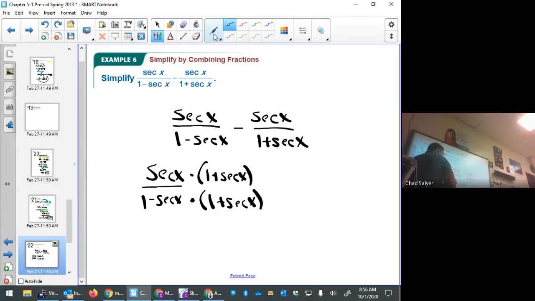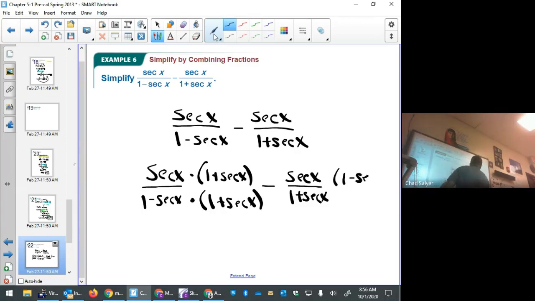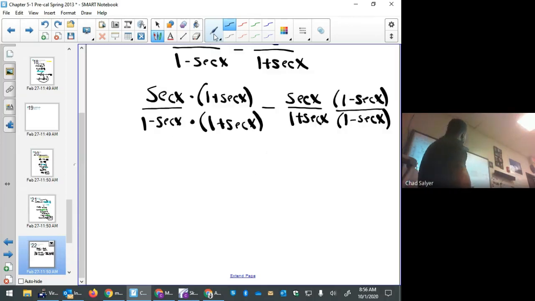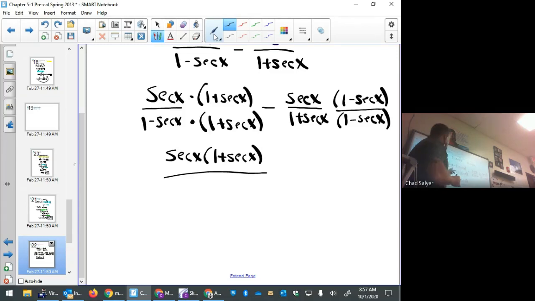So if I multiply the left, top and bottom, by the denominator on the right, and then I multiply the right, top and bottom, by the denominator on the left, the result is going to be hopefully something I can simplify. So I've got secant x times 1 plus secant x over, this is a difference of squares.